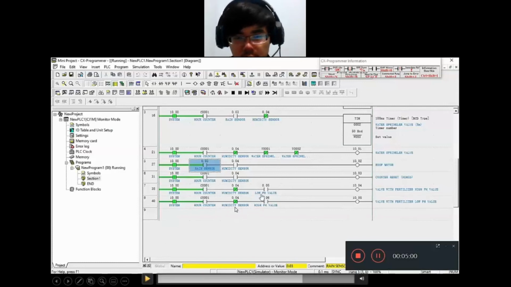So if the sensor senses the soil with low pH value and the water sprinkler valve is open, the fertilizer with high pH value will automatically mix into the water that will irrigate the crops later, and vice versa: when high pH value is sensed, fertilizer with low pH value will be inserted into the water.